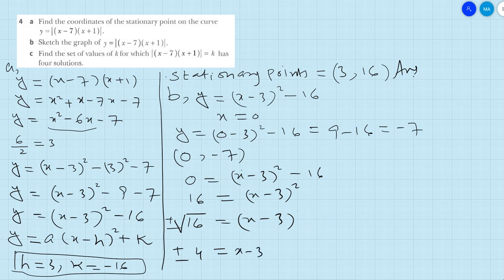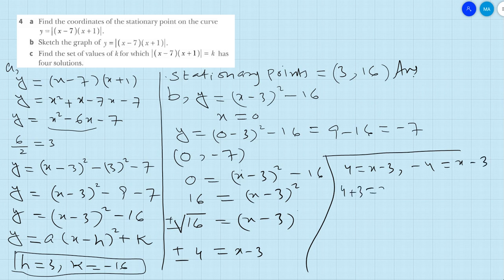It will be x minus 3. So first is 4 is equal to x minus 3. Second is minus 4 is equal to x minus 3. 4 plus 3 is equal to x. x is equal to 7. Minus 4 plus 3 is equal to x. Minus 1 is equal to x.